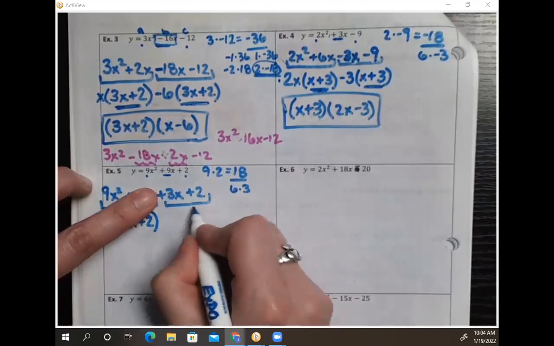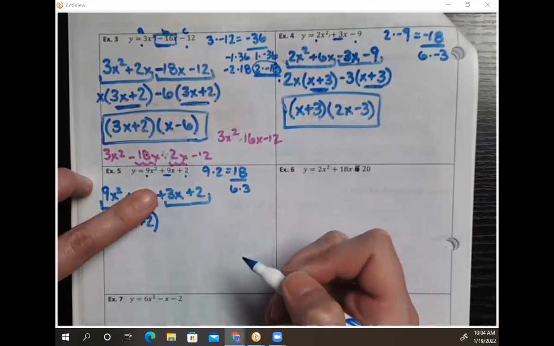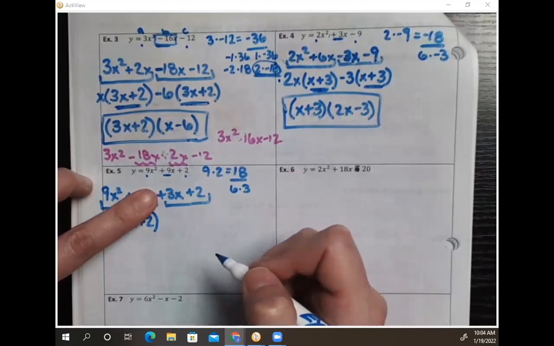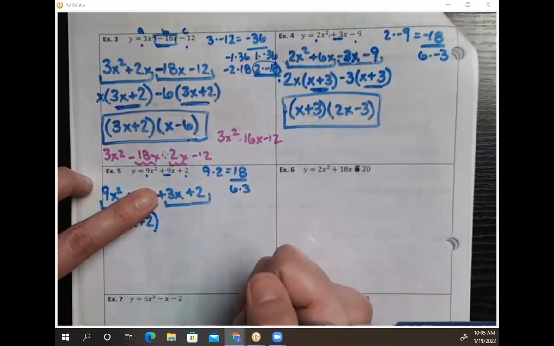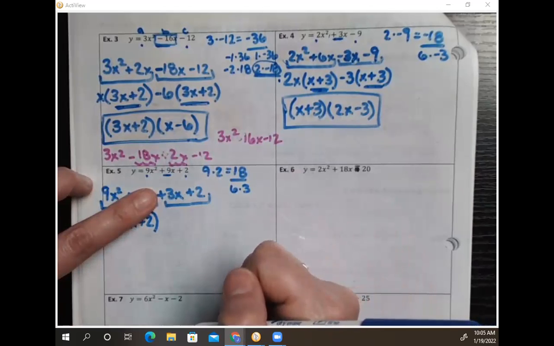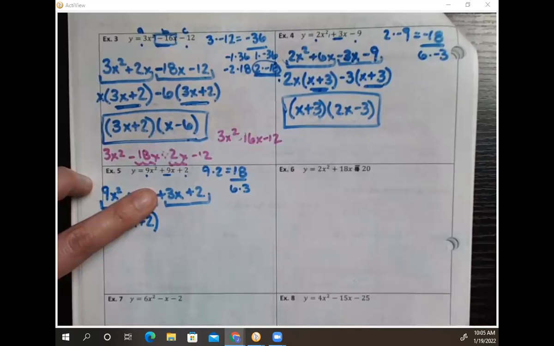How about my second group now? They don't both have an x, so I know I can't pull out x as a GCF. Is there anything I can divide 3 and 2 by? Can I divide them both by 3? Can I divide them both by 2?